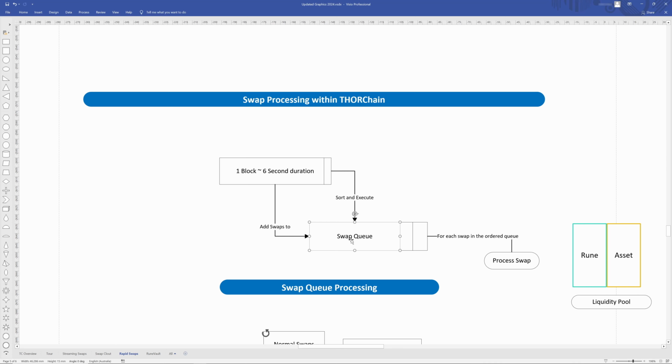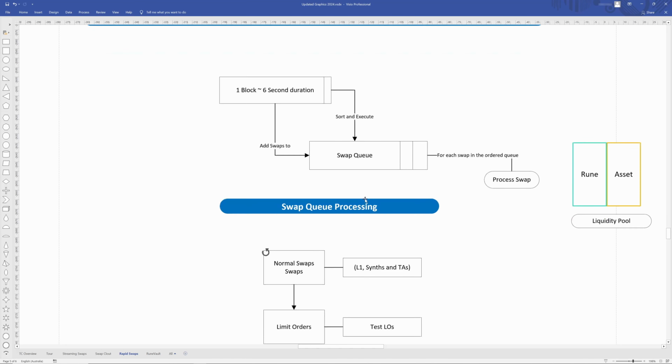Each swap within the queue is going to get processed like any normal queue. The front of the queue gets processed first, and then the last one will get processed last. So each swap gets processed, and when that happens, the pool depth starts to change and maneuver depending on the swap direction. So this will start to update or change the liquidity pool depths.